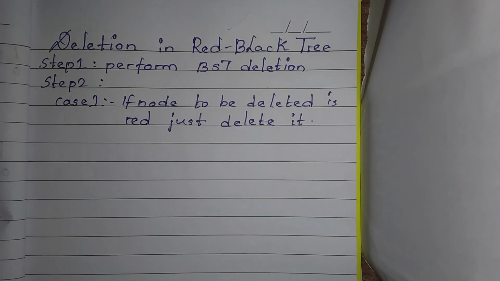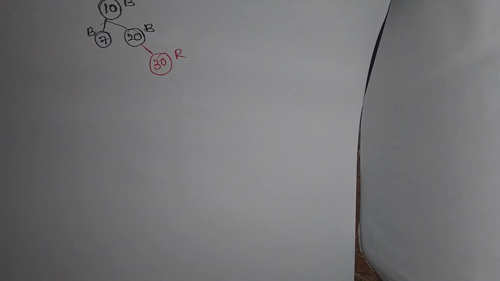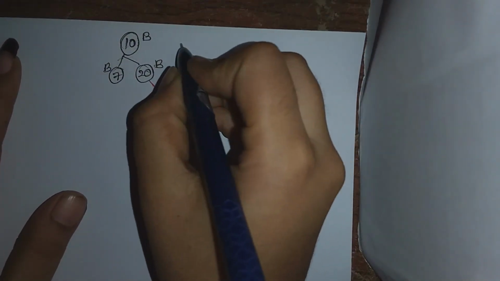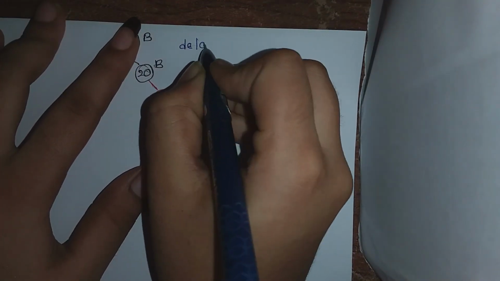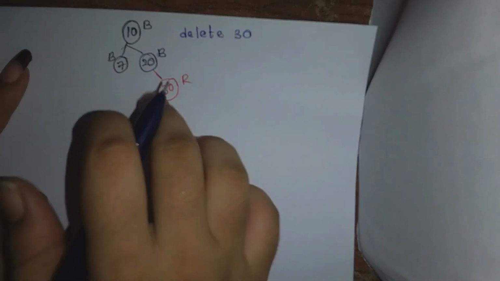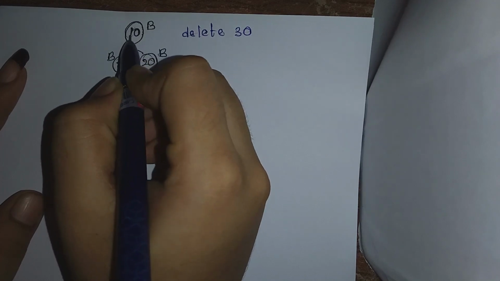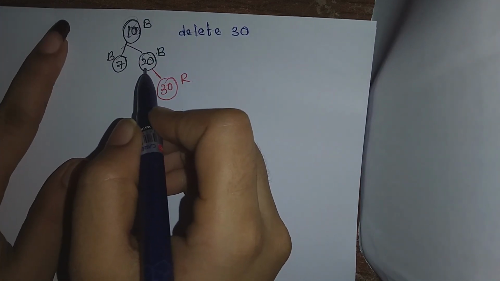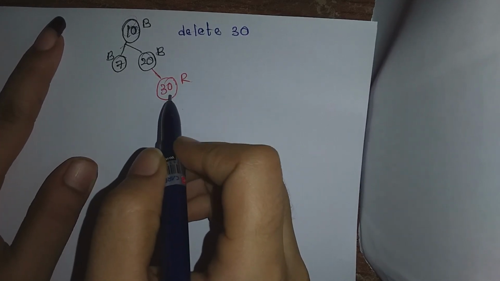So consider this example. Here we need to delete 30. In order to delete 30, we should check for the 30th element. We start from the root and then 20, and then we found the 30th element.